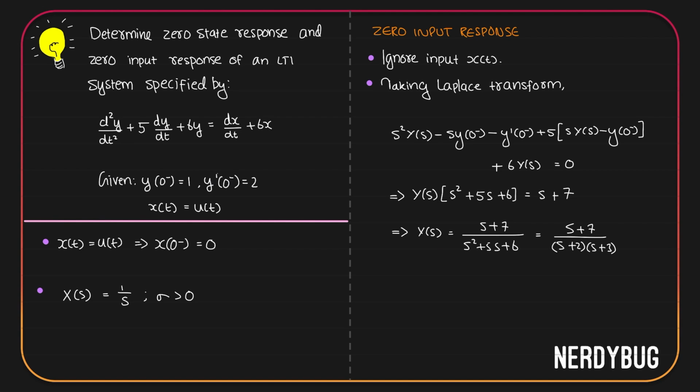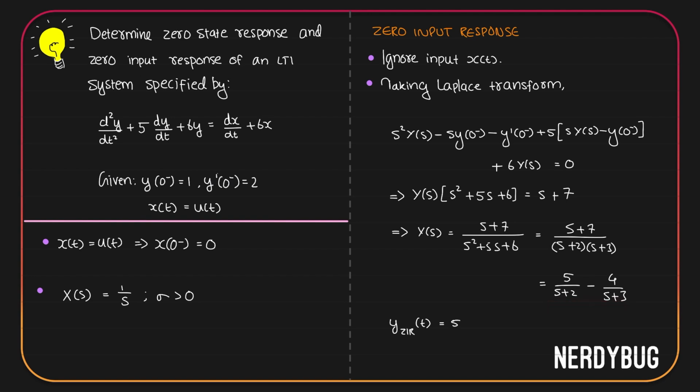If you use partial fraction expansion, this can be written like this: 5 divided by s plus 2 minus 4 divided by s plus 3. Now, to get the zero input response as a function of time, we have to take the inverse Laplace transform of this.